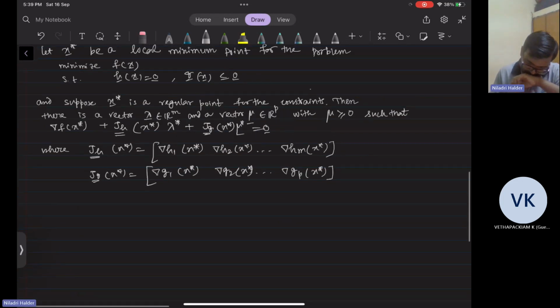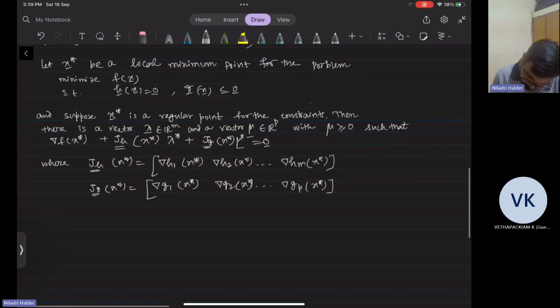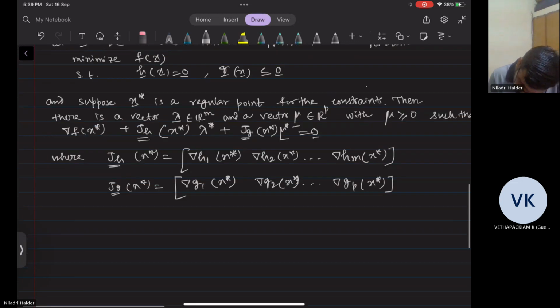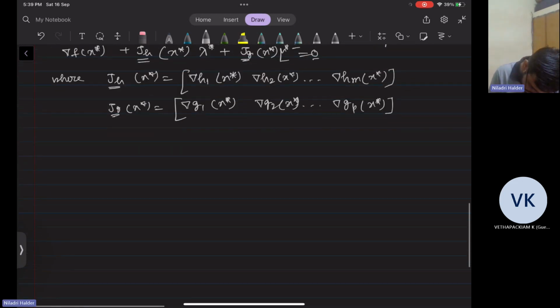In addition, one more condition is there, such that at this x star and mu star.